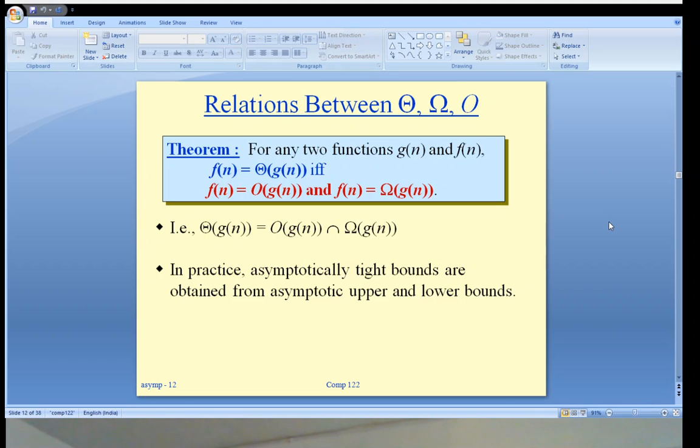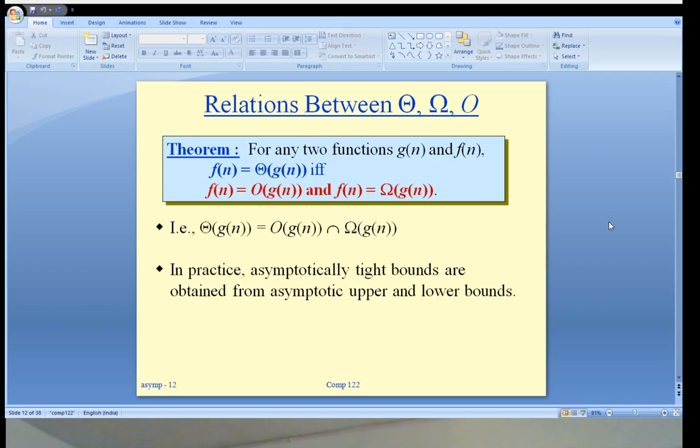What is the relation between these three? For any two functions gn and fn, fn is theta bounded by gn if and only if fn is upper bounded by gn and fn is lower bounded by gn. So if a function is theta bounded by function gn, then it is also bounded by big O of gn and big omega of gn.